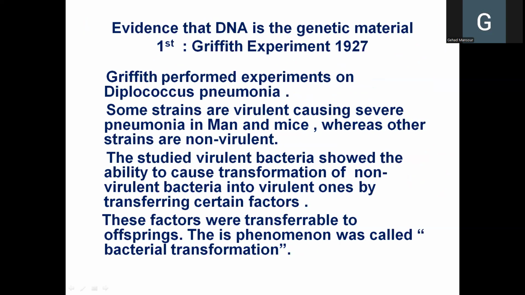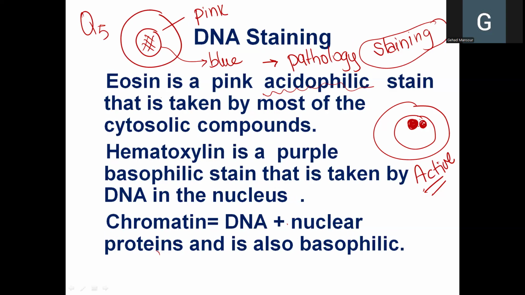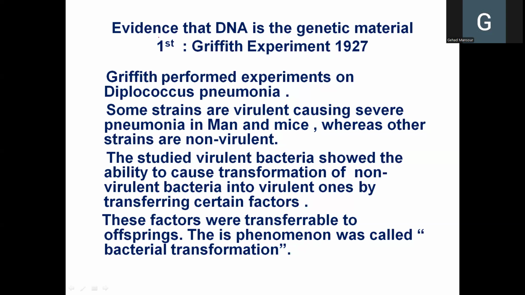And now we come to a very important experiment, which is the Griffith experiment. What's the importance of the Griffith experiment? So this would be question number 6. Of course, the title here is evidence that DNA is the genetic material, but the Griffith experiment was not the evidence that DNA is the genetic material.